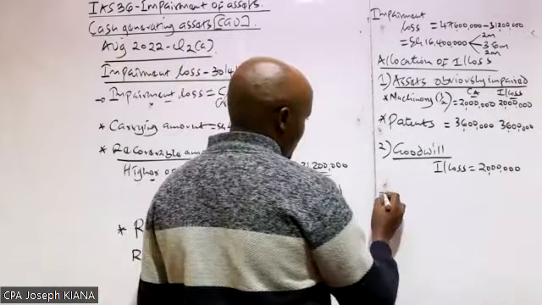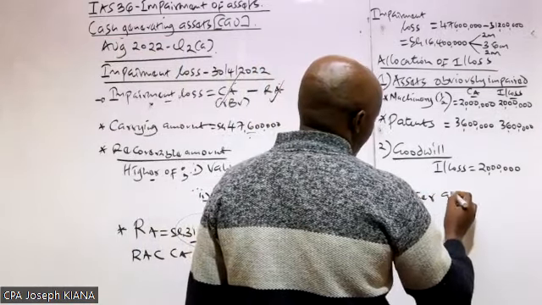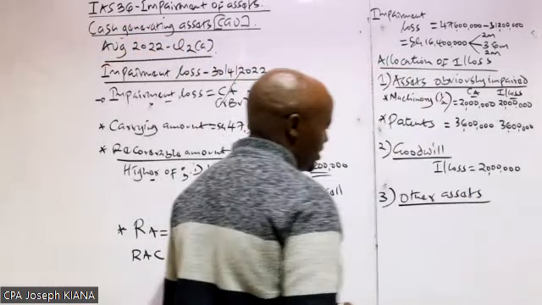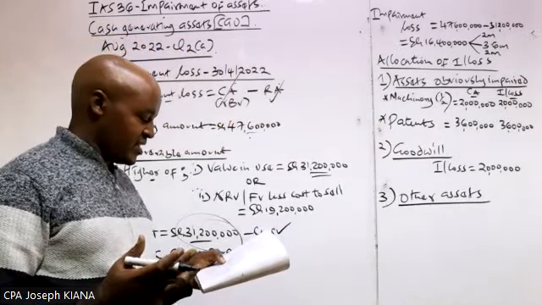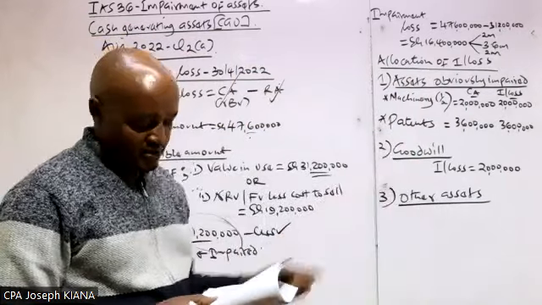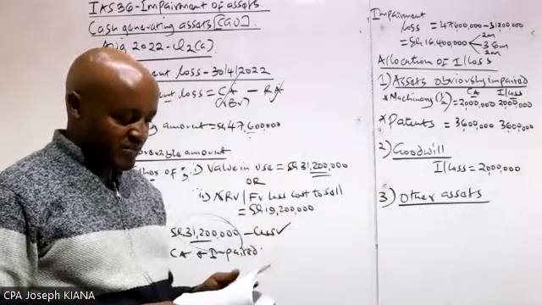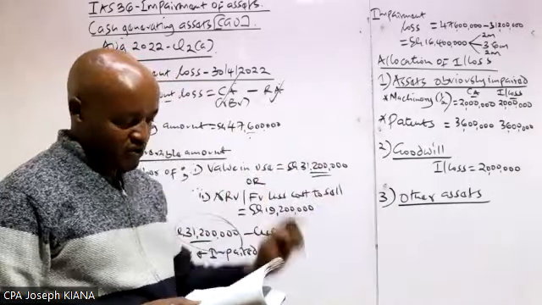Finally, we allocate the remaining impairment loss to other assets in that cash generating unit. You can see our cash generating unit has 5 assets. For goodwill, we have already allocated an impairment loss of 2 million, so that will not be considered part of the other assets. The same case with the patent, where we allocated 3.6.